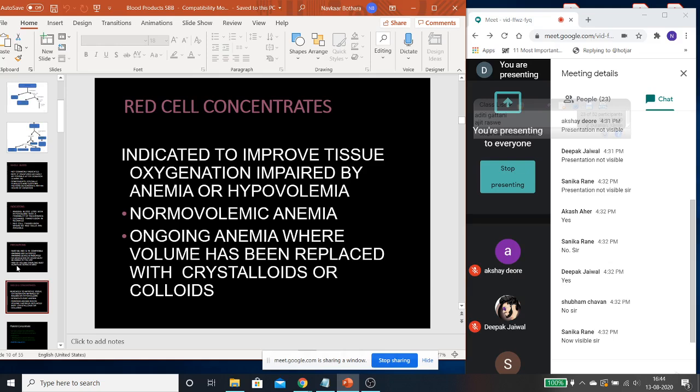Crystalloids and colloids, as I told you, means dextran and such things, which are used as plasma expanders, particularly in hypovolemia. So hypovolemia is corrected with plasma expanders like dextran, but they don't have cells.